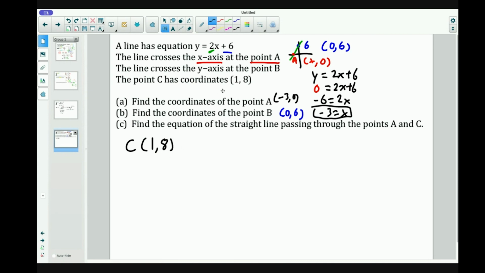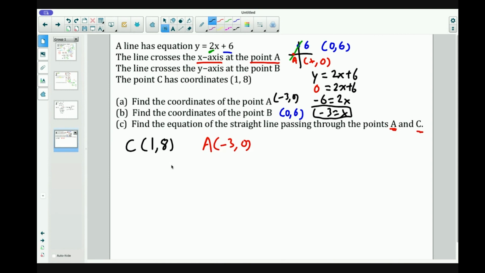We're not entirely sure if C is on the original line. We're going to say that's probably not, otherwise they wouldn't ask us the question. But what we need to do is just pick one of the other 2 points, or rather A in this case. So we're trying to pick out A and C. So we have A, which we said was negative 3, 0. And we're trying to find the equation of the line that passes through these 2 points, okay?